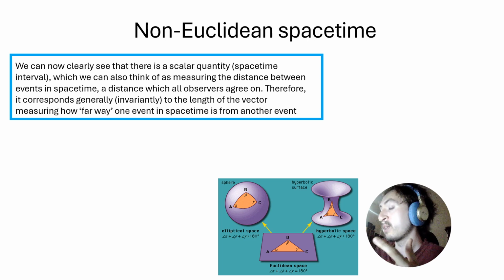And since the space-time interval, unlike the time interval or the distance, is something all observers will agree on, it makes sense to define the space-time interval as the meaningfully significant measure of distance in space-time. So if you want to know how far apart events are, you would want to use the space-time interval to at least talk about something that all observers are going to agree upon.